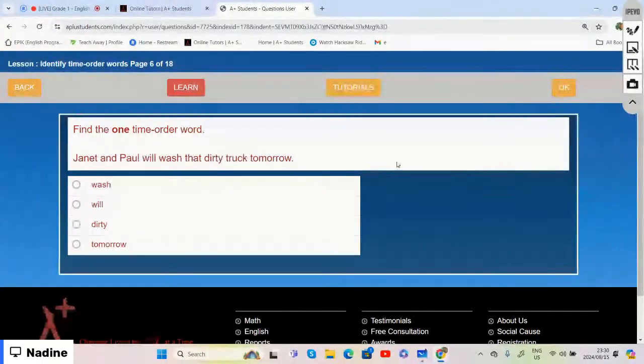So we say Paul and John will wash that dirty truck tomorrow. And if we were to choose it, we will say it is tomorrow, which is in the future.